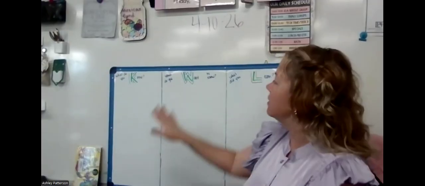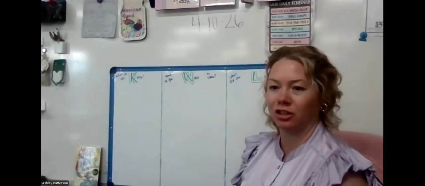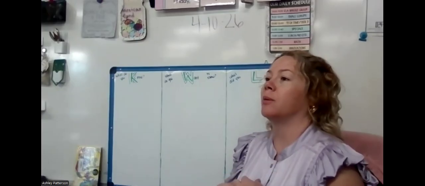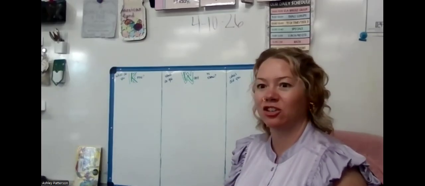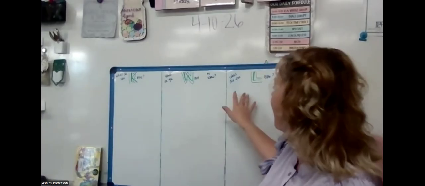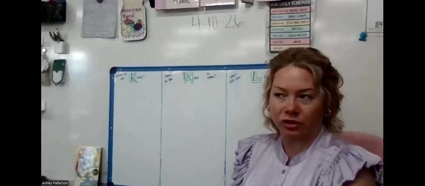The W in a KWL chart stands for what do you want to know? Here you are prepping your child for paying attention, like, am I learning the things that I want to know? And then the L in a KWL chart stands for what did I learn today?